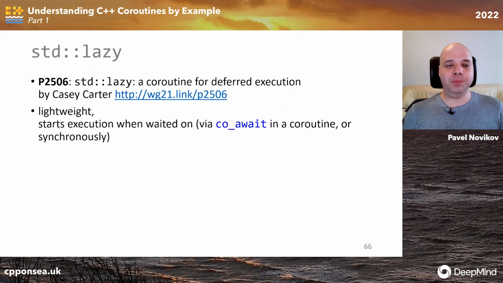And so the good news is that we'll probably have an implementation like this called std::lazy, proposed by a paper by Casey Carter, P2506. It is lightweight. It starts execution when awaited on, for example, when co_awaited in a coroutine or when awaited synchronously.